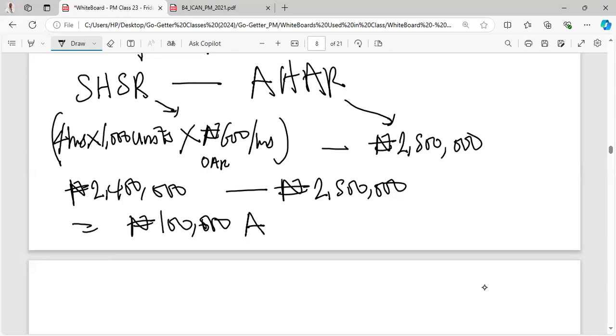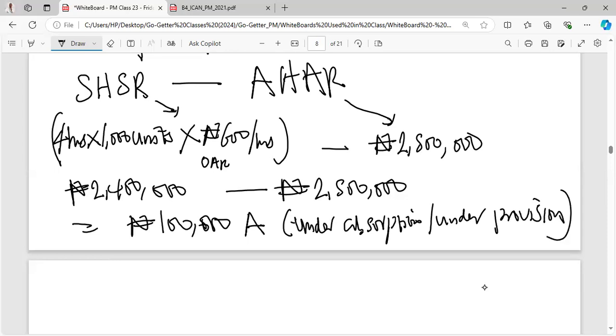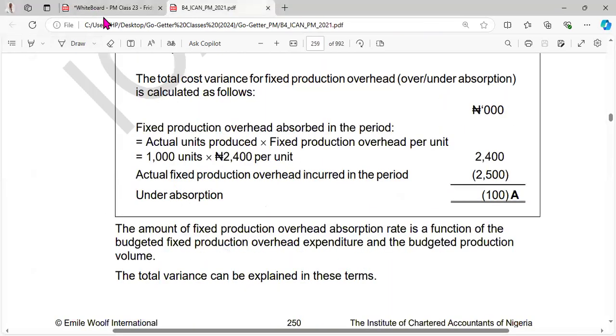This is under absorption because we under provided. So this is under absorption or under provision. And we said under absorption or under provision always gives us an adverse variance. So let's see what was done here. That's the same thing. Under absorption.